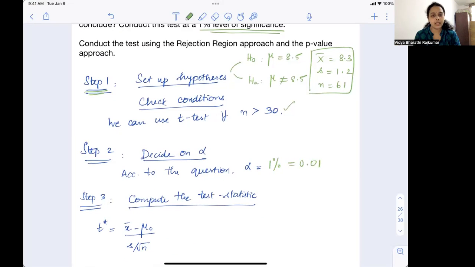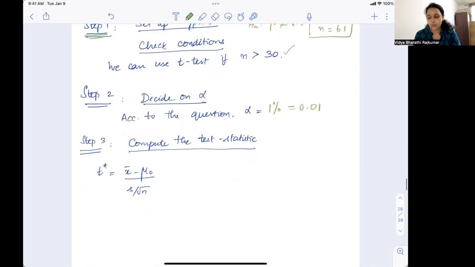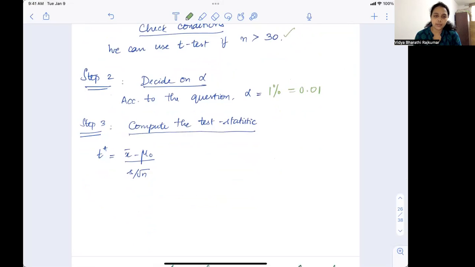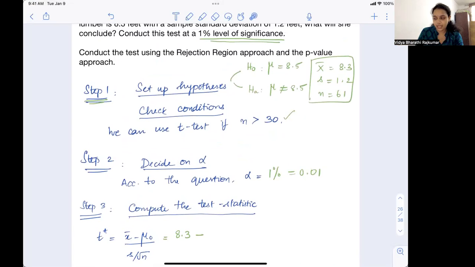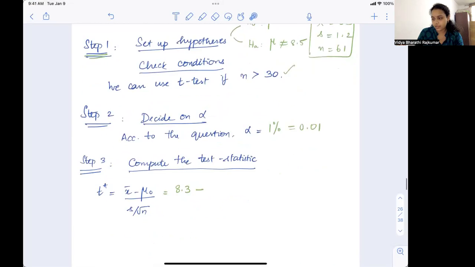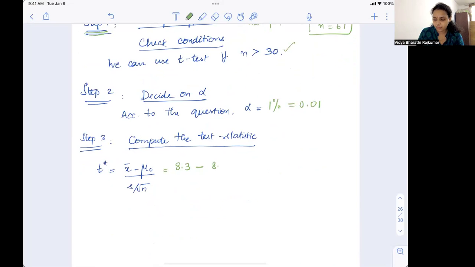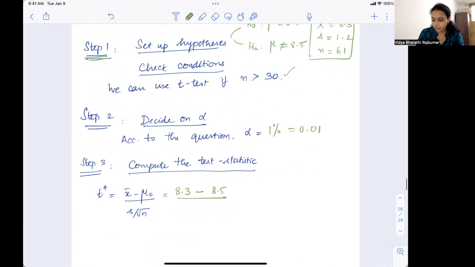Fair enough. Step 3 is when we want to compute the test statistic. And the test statistic is also called t-stat or t-star, and that is given by x bar minus mu naught by s over root n. X bar is 8.3. Mu naught is the hypothesized mean value of 8.5, that is mu naught. So I'll put that down here. Divided by s over root n. S is 1.2, n is 61.